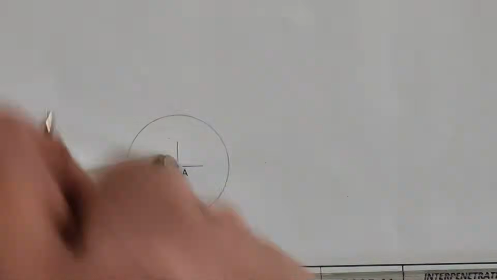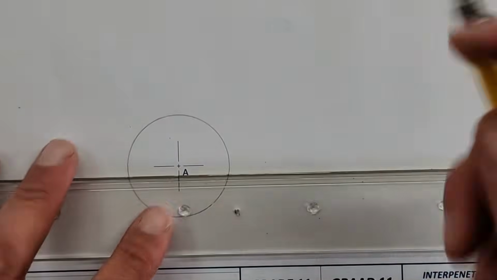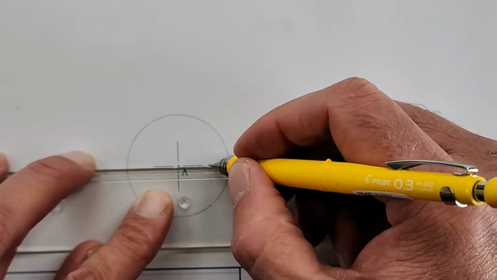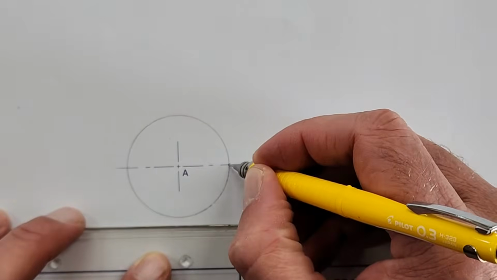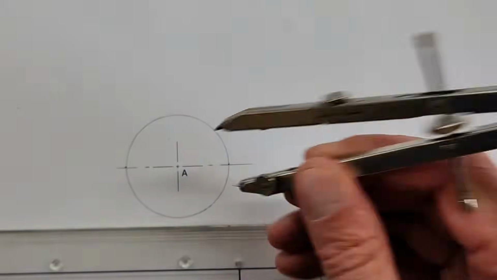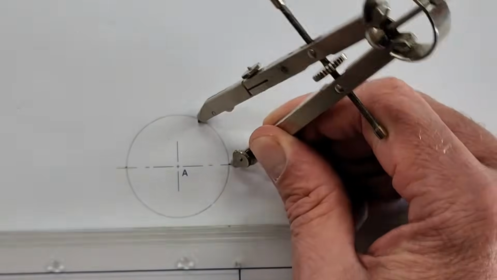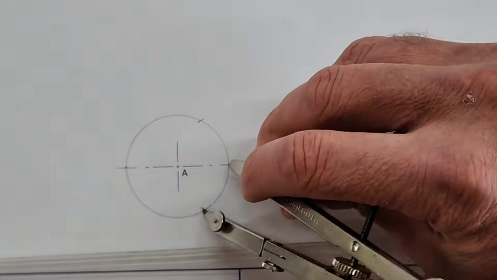Okay? All right. Then, looking at the given top view, you can see where those corners of that top view are. So using that same radius 20, I'm going to flip it, tip.